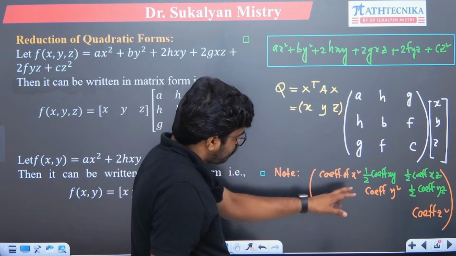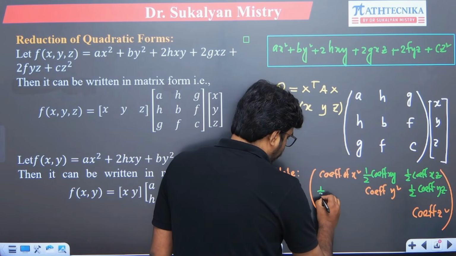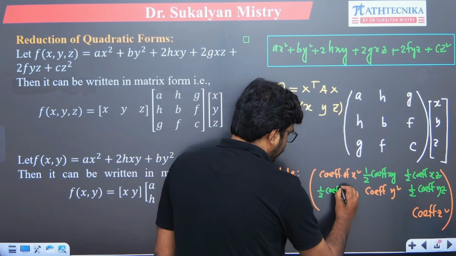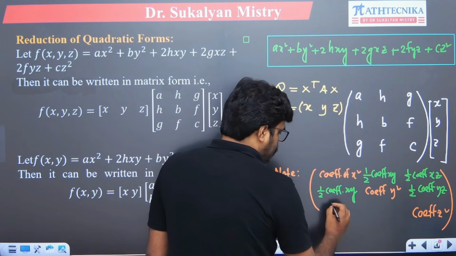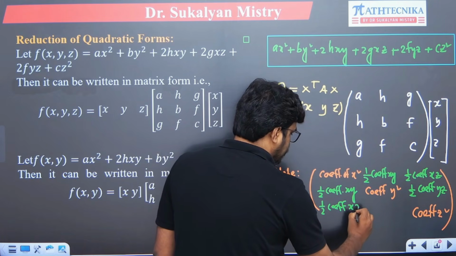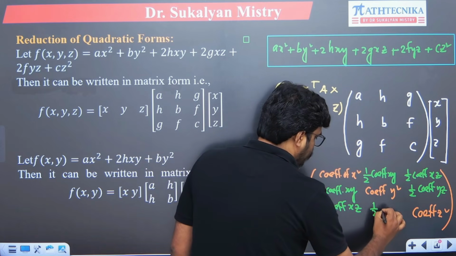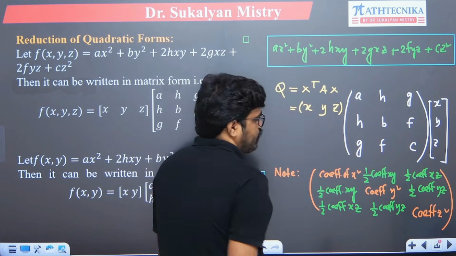Right? So this is symmetric, so 1/2 coefficient of xy, so this will be 1/2 coefficient of xy. This is symmetric, 1/2 coefficient of xz. This is 1/2 coefficient of yz.